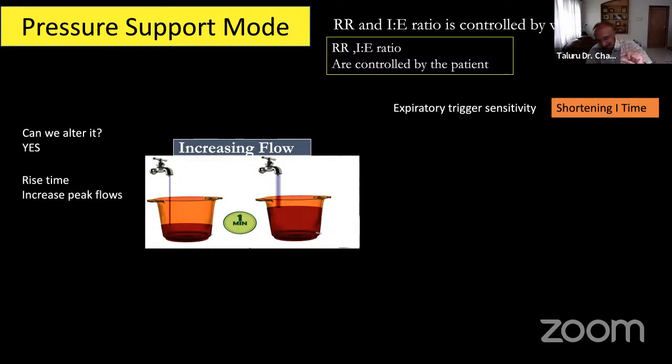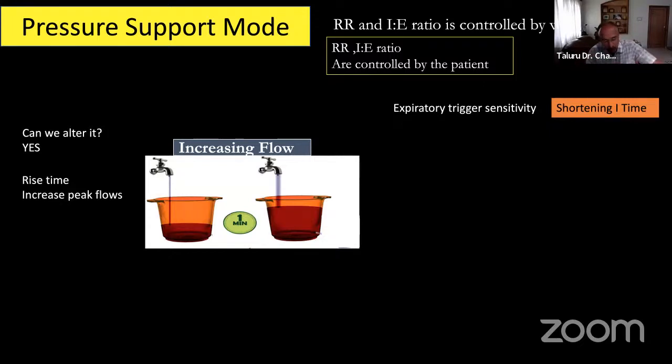So though the ventilator says that it is rise time, your understanding should be that by altering the rise time, the ventilator is increasing the inspiratory flow. So if it increases the flow, the tidal volume is achieved faster. Understood? If you increase the peak flows on a patient or increase the rise time, it is like this.